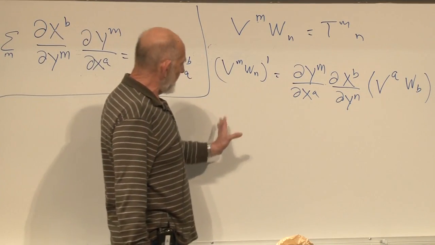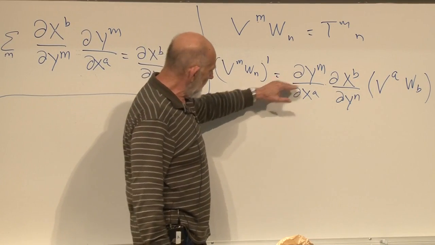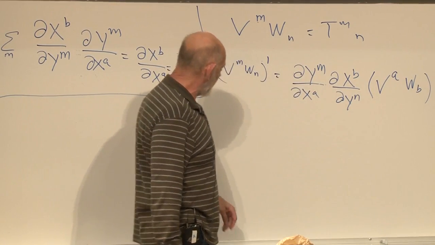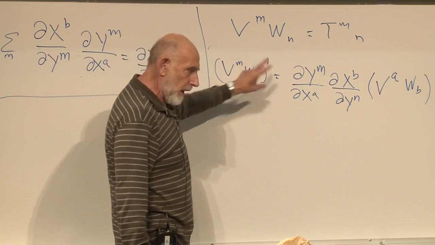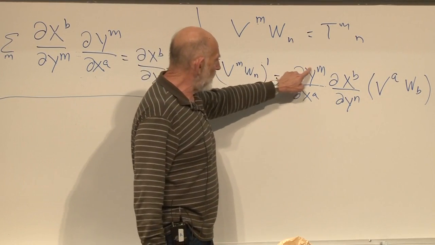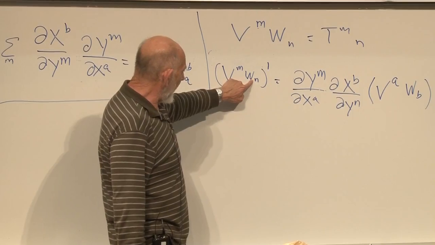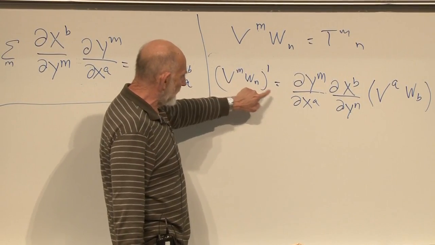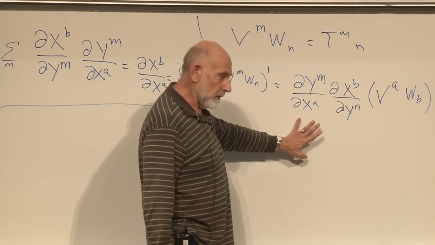The transformation properties, as always, have for each index in the tensor one of these dy by dx's or dx by dy's. On the left-hand side, we have y's. This is the y components of something. And here we have an upstairs index M. So we have a dy^M by dx^A. Here the y index is a lower index, so this one is lower, dx^B by dy^N.